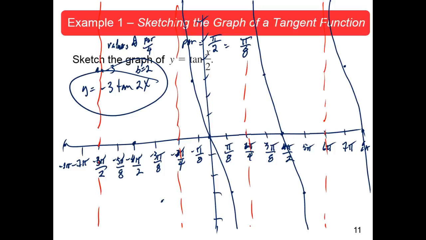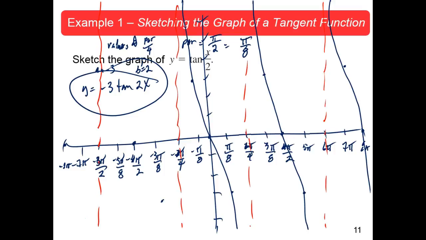I took the negative 3 from example 2 and the tangent x over 4 from the checkpoint above it. I just went in the wrong direction. But you see, you can do any of these anyway. Yeah, you can be spontaneous. So all that did was change the x scale. We were at pi's, now we're at pi eighths. And just deal with that then. All right, sorry about that.